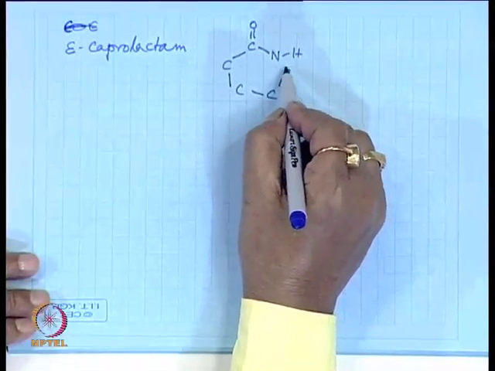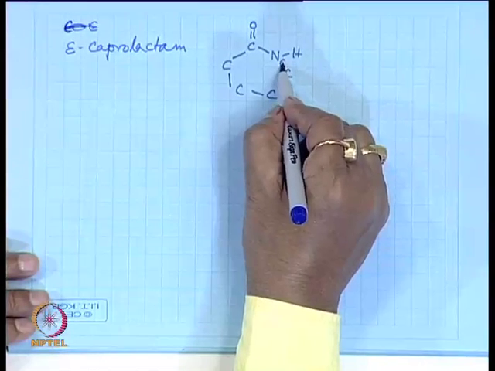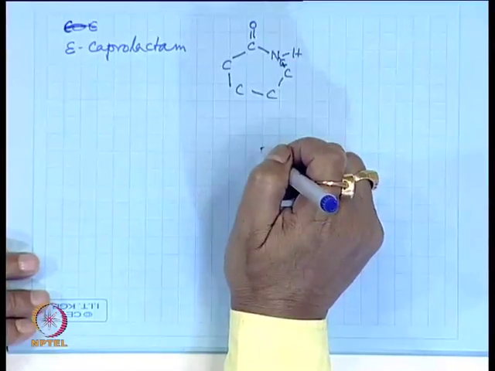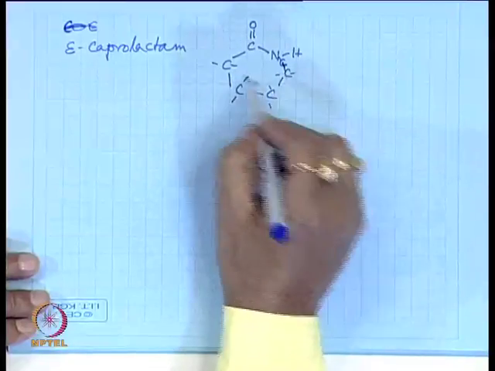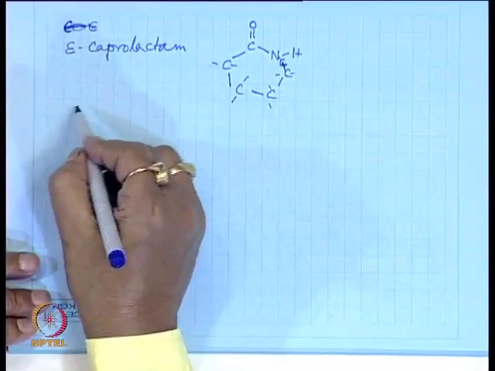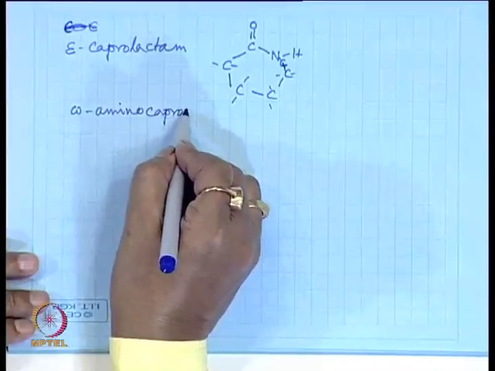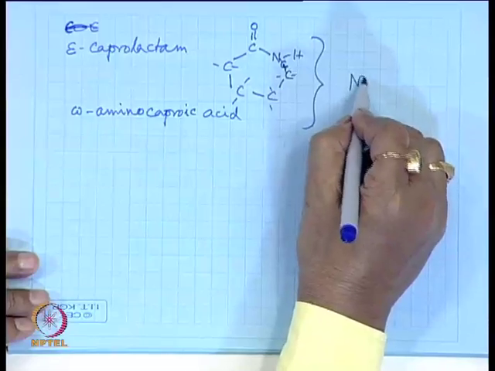Oh, there will be one more C. I am sorry, one more C. Nylon 6, caprolactam ring compound, or you can have the same nylon 6 from omega amino caproic acid, an open chain compound. Both lead to nylon 6.